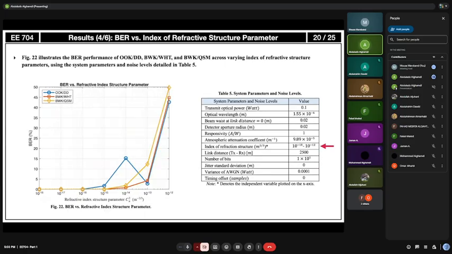This is another sensitivity curve. This is the bit error rate with respect to the index of refractive structure parameter. This index is a quantitative measure of air turbulence. As this parameter value is increasing, the air turbulence is also increasing.